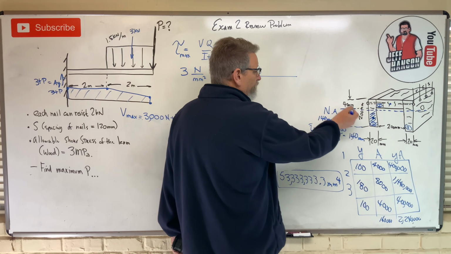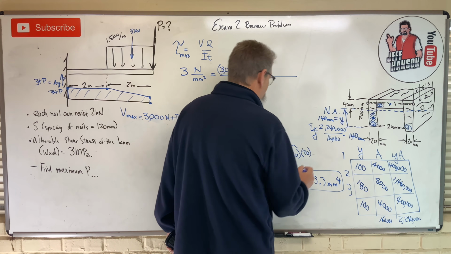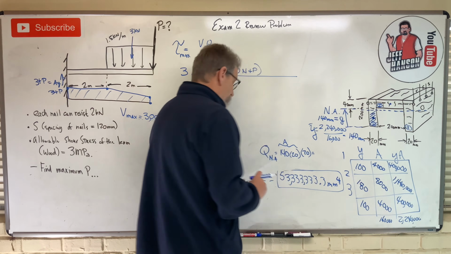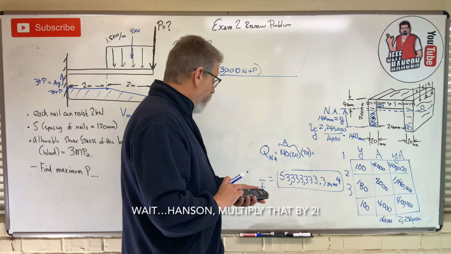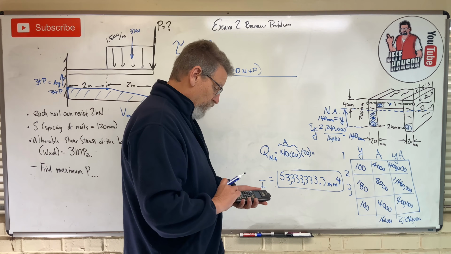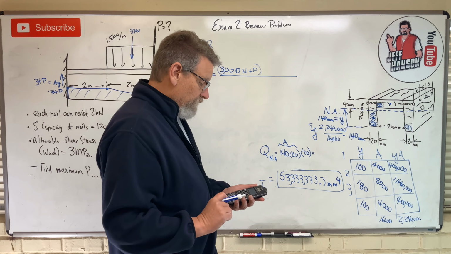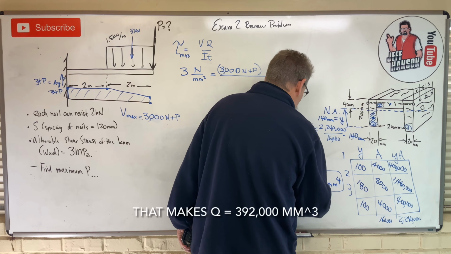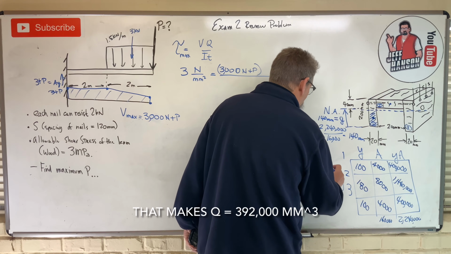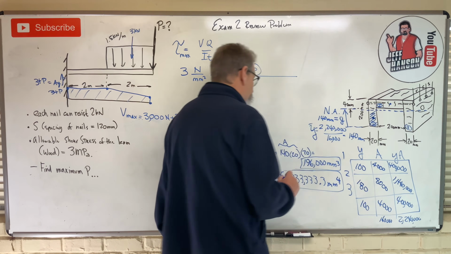Well, the whole thing's 140, so half of that is 70. So that's going to give me Q. Q max is 140 times 20 times 70, which is 196,000 millimeters cubed.